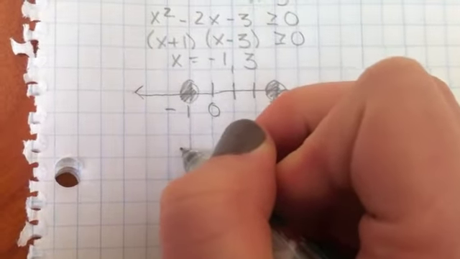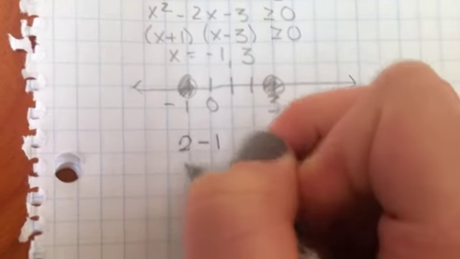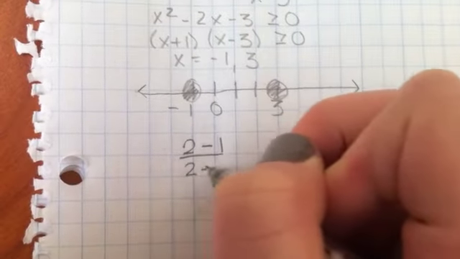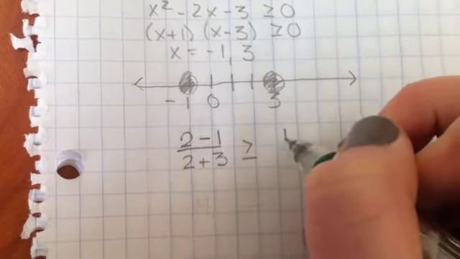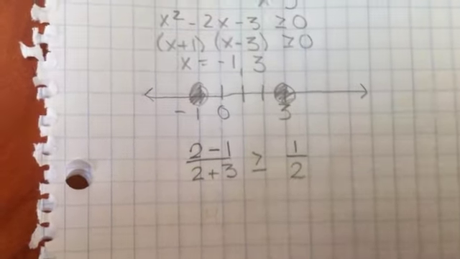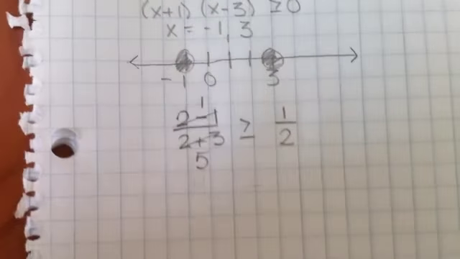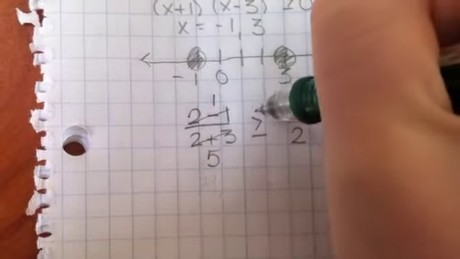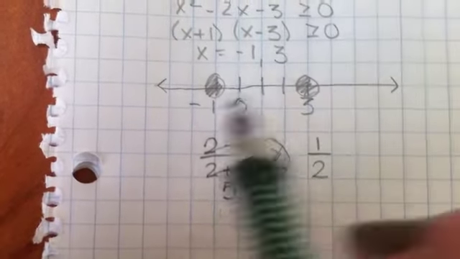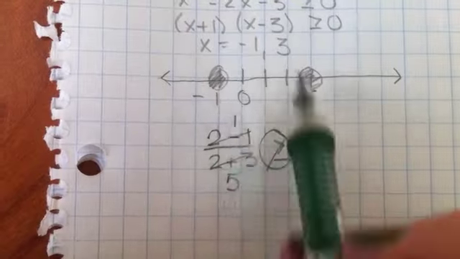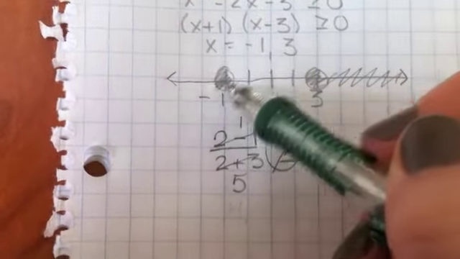So the original inequality is 2 minus 1 over 2 plus 3 is greater than or equal to 1 over 2. So this is 1 over 5. One fifth is not greater than or equal to one half, so you know that neither of these will go in this area, so they both are shaded out.